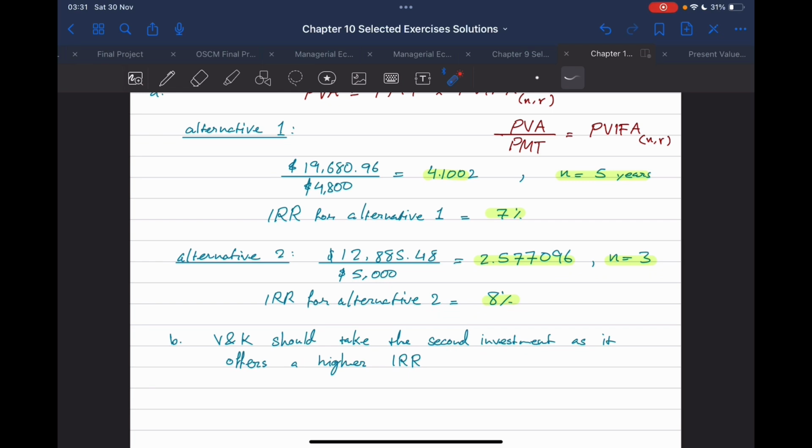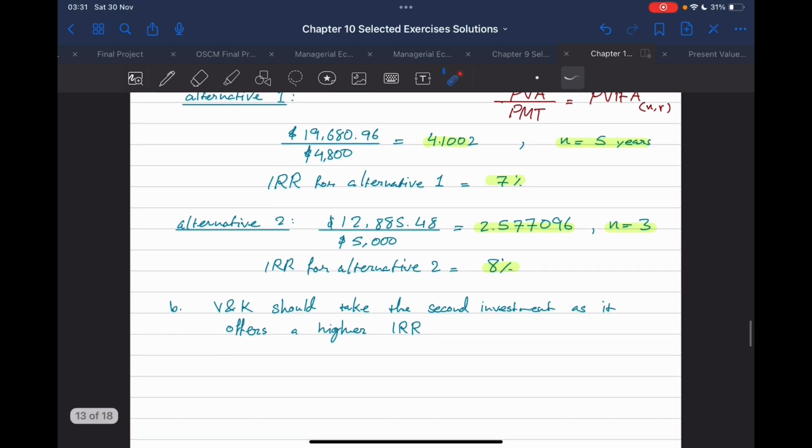So the second investment costs approximately $12,800, whereas the first investment requires more money down in order to enjoy those expected returns. So it requires more than $19,000 down. All right?